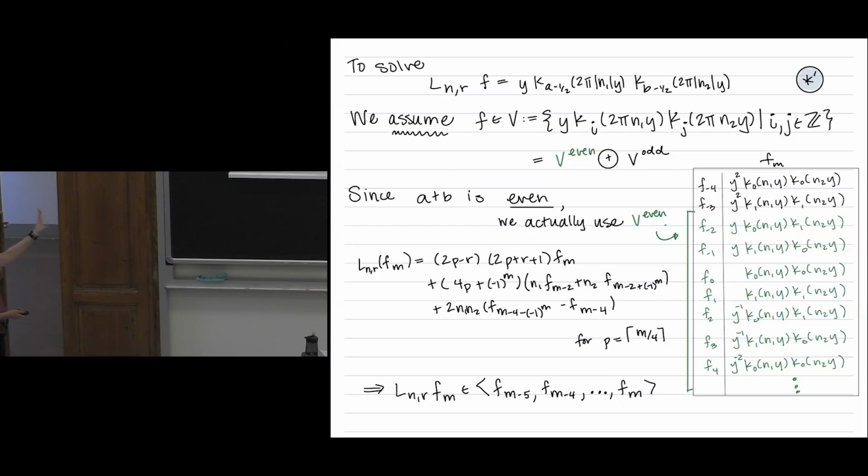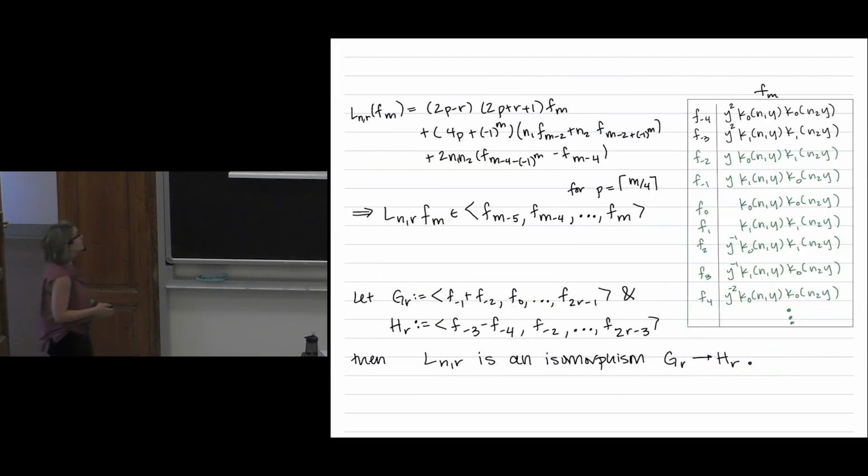So there's this weird dropping of weight that throws things off a little bit. More specifically, what we see is that not only is LNR not an isomorphism just on V, it's not an isomorphism on V even either, at least not all the time.